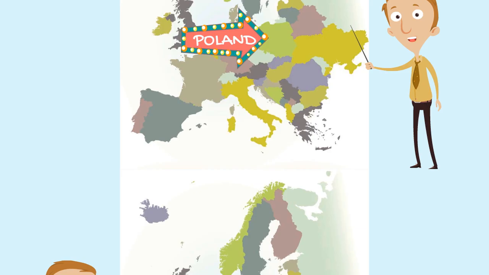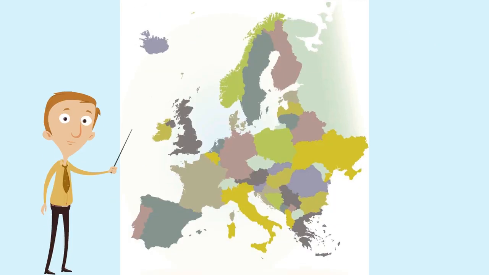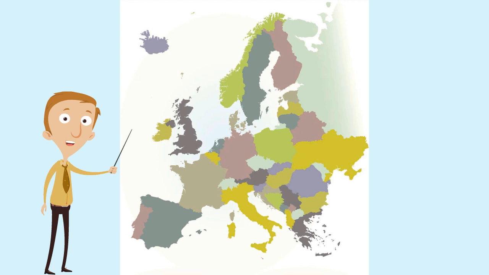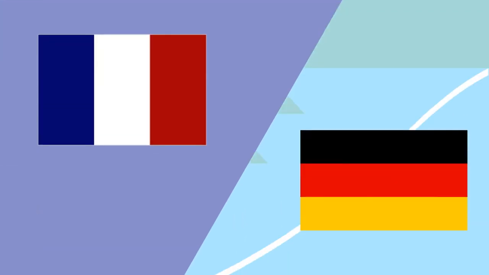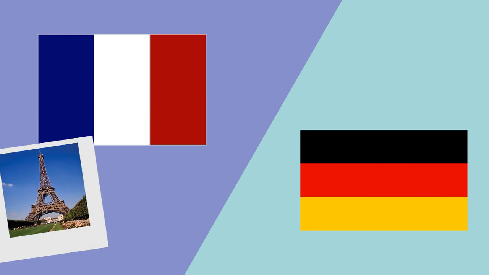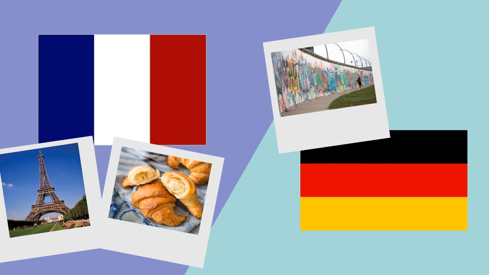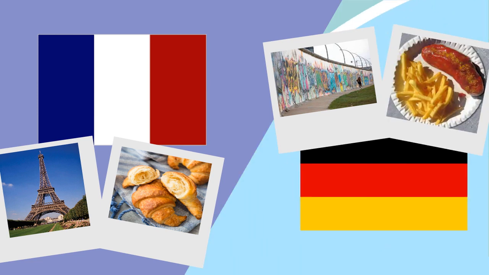Even though all those countries are on the same continent, they are unbelievably different from each other. They all have different features, different histories, different customs, different laws, even different governments. These differences are easy to see in countries that are right beside each other, like France with the Eiffel Tower and its flaky croissants, and neighbouring Germany with the Berlin Wall and its currywurst.